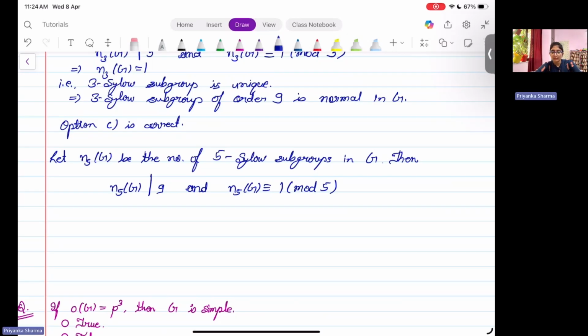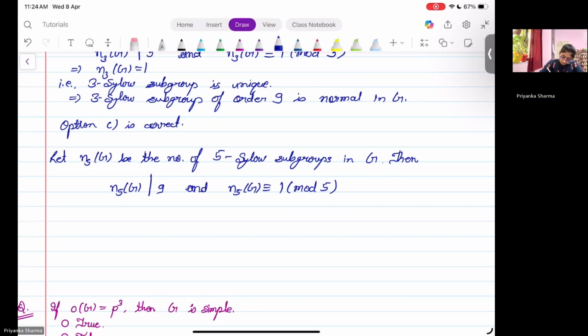Now, what are the factors of 9? Obviously, you will take positive factors: 1, 3, and 9. Out of them, only 1 is congruent to 1 under modulo 5.